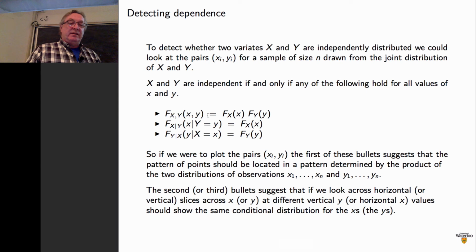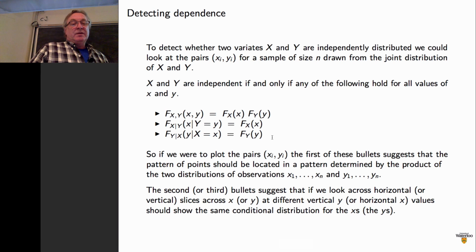Easier way, I think, to think about independence is that if the conditional distribution of x given y is just the same as the marginal distribution, then y wasn't providing any information. X's values are independent whatever y's value was. So if the conditional distribution looks the same as the marginal, or y given x, same thing, looks like the marginal of y.